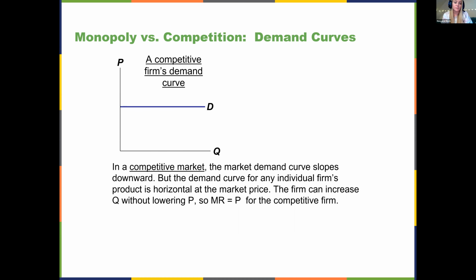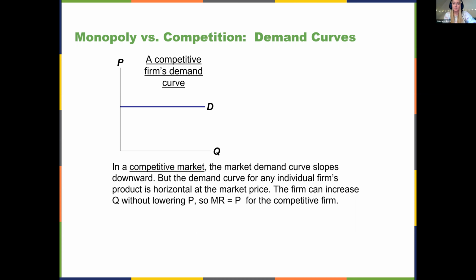So if we think back to when we started talking about demand and supply, we know that when we draw our demand and supply diagram, the demand curve is downward sloping. And we assume that as the price for something goes down, people demand more, so that's why it's a downward sloping line.